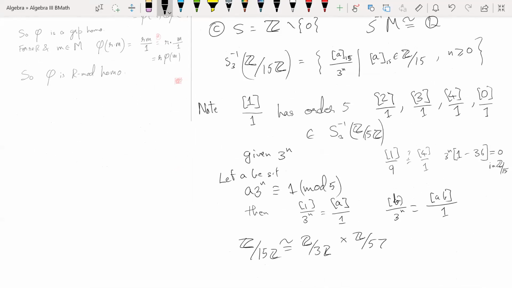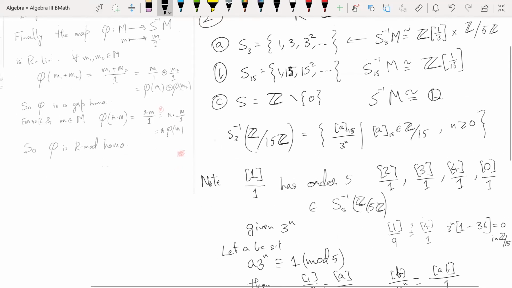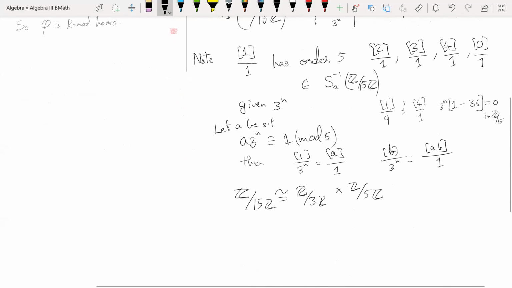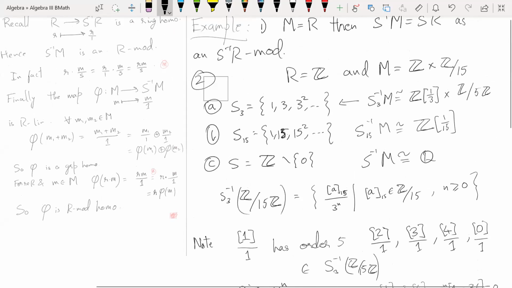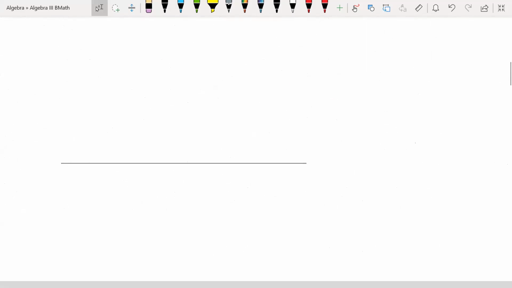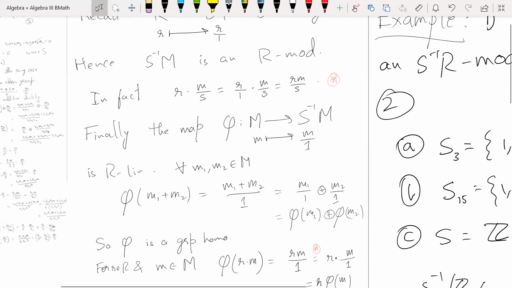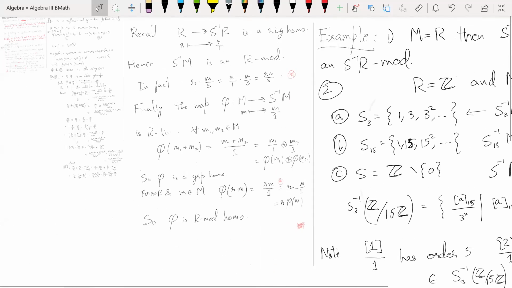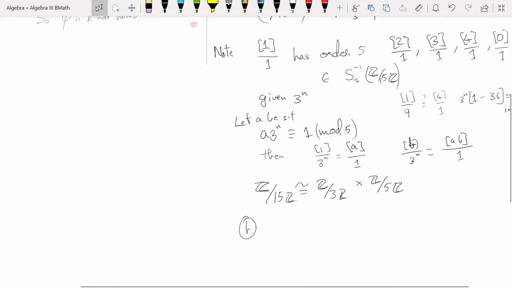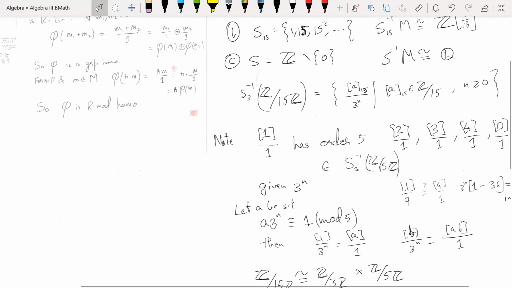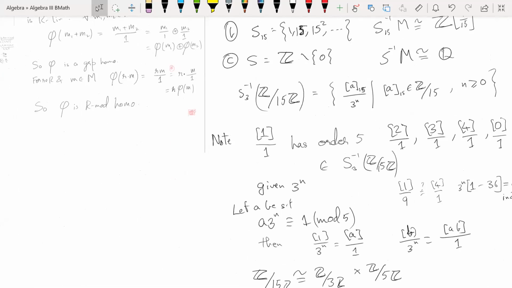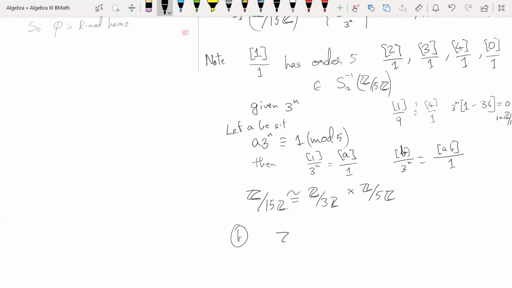And if you invert 3, then the first factor becomes 0, because you're inverting essentially 0 of this guy. So this will vanish, and what remains is just Z mod 5Z. So if you use that idea, then the answer for B is Z.